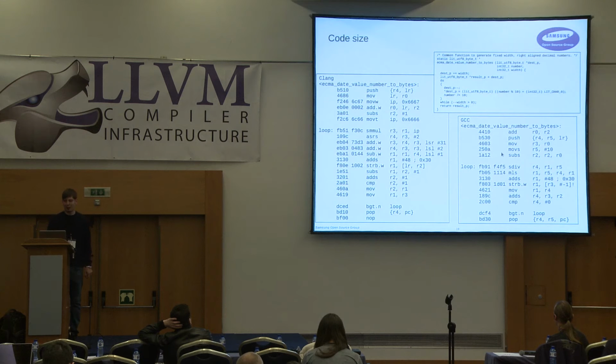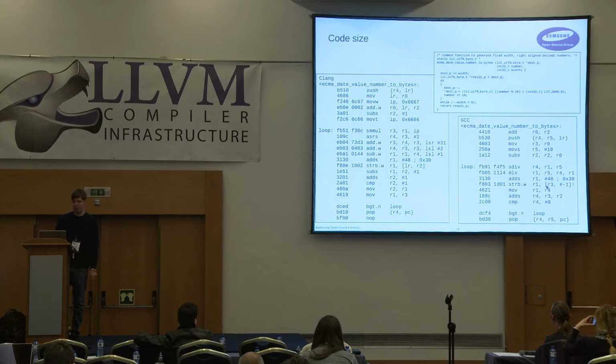When looking at the GCC-generated code, we can see that the code for the modulo computation is actually quite compact. There's just a signed division here, a multiply, a subtract, and then the ASCII value of the 0 digit is added, and then it's written to the string buffer.